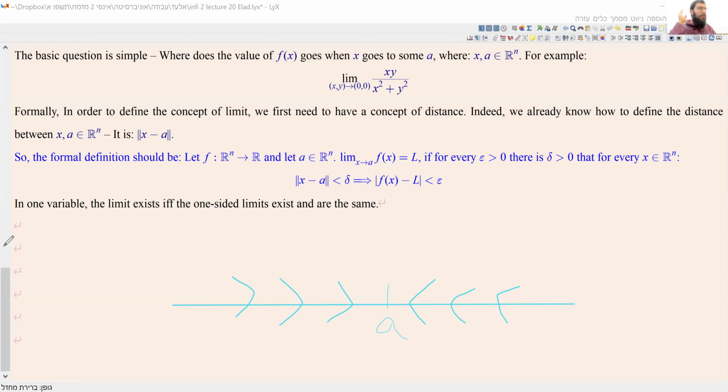The word every is a big word for two paths, one from the left, one from the right. But I want to use this phrasing to generalize the concept of limit to more than one variable.